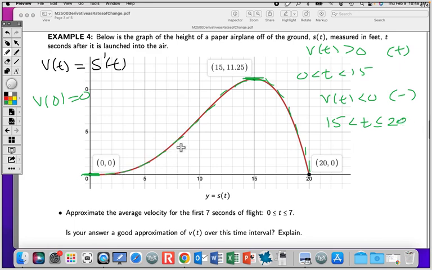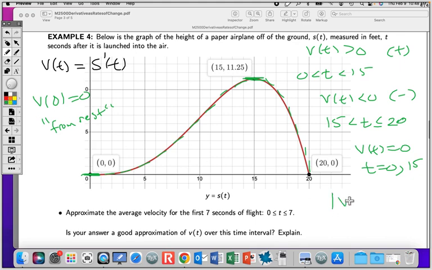Where is v of t equal to 0? It appears to be 0 initially, and again when t is 15. When it starts off from rest, v of 0 is 0. And then it also zeroes out when it gets to the maximum height.